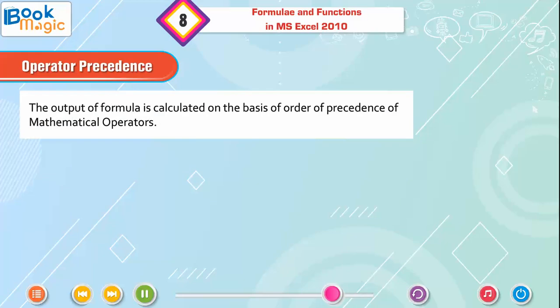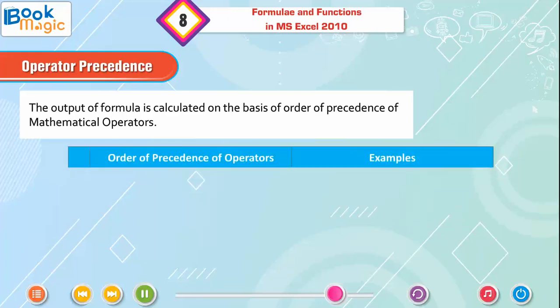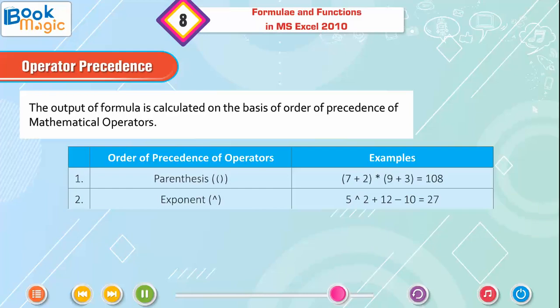Operator precedence. The output of a formula is calculated on the basis of the order of precedence of mathematical operators. Order of precedence of operators, with examples. 1. Parentheses: 7 plus 2 into 9 plus 3 equals 108. 2.